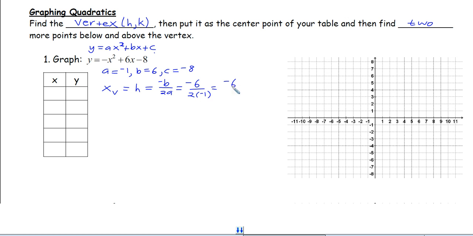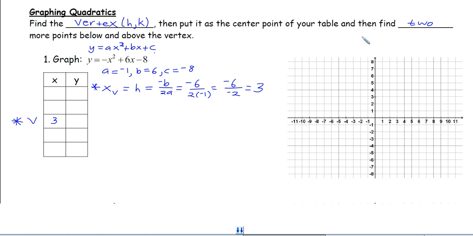So this will give us negative 6 over negative 2, which will give us a positive 3. So what I'm going to do is I'm going to go ahead and put a star on this because this is kind of the star of the show. So as a star of the show, I'm going to put that right here in the middle. So I might label that with the star or with the V. I kind of like to use the star. And put that in. That will be a 3.